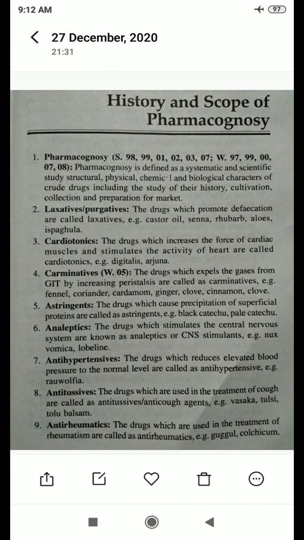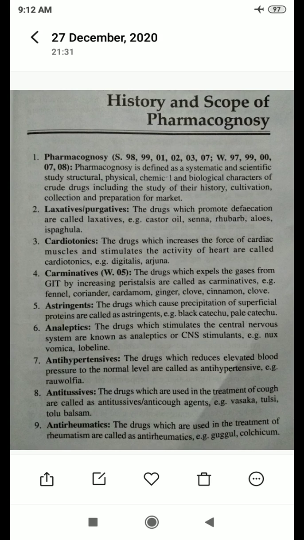First of all, two definitions in that. First is pharmacognosy, then laxatives, then cardiotonics, fourth is carminatives, fifth astringent, sixth analeptics, then seventh is antihypertensives, eighth is antitussive, then antirheumatics, tenth is antitumor, 11th is antileptics, then antidiabetics, diuretics, antiseptics, then disinfectants, antimalarials, then oxytocics, vitamins, enzymes, perfumes, flavoring agents, and pharmaceutical aids.